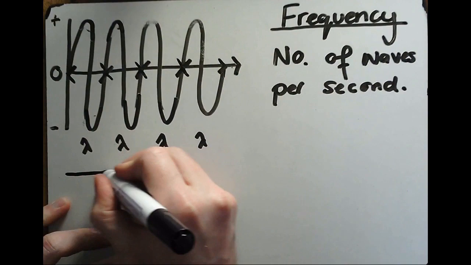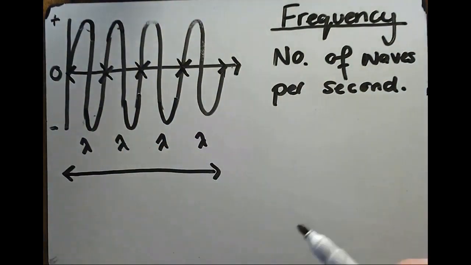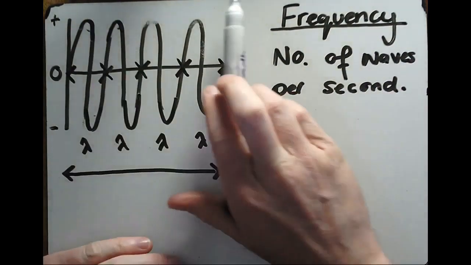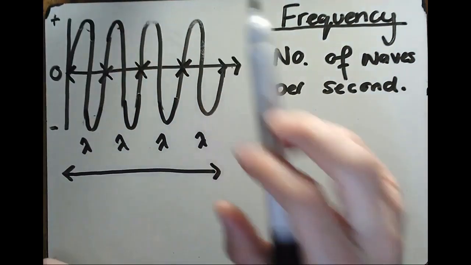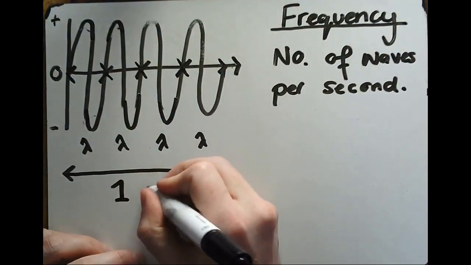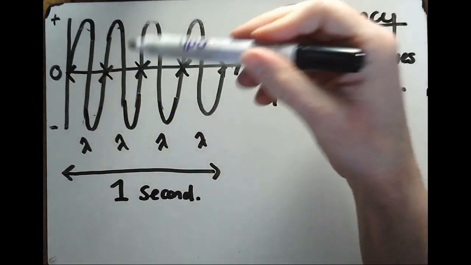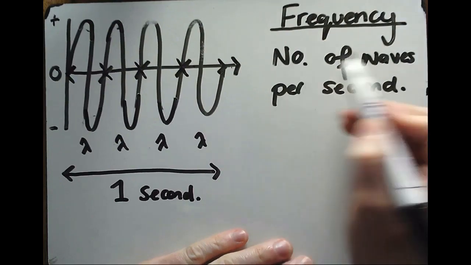Now, if we were told that this frozen wave diagram represents 1 second, then in 1 second all of these waves would travel past this point. So there would be 4 complete waves in 1 second. That makes it very easy to find the frequency, because the definition of frequency is the number of waves per second.